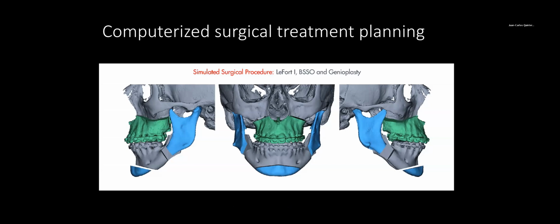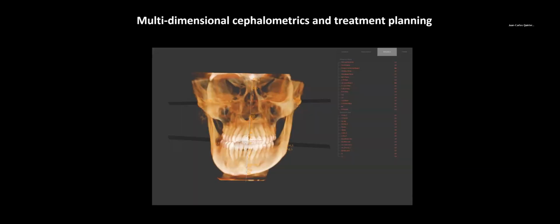So our surgeon takes our data from the cone beam that we provide and sends it to one of many companies to perform their virtual computerized treatment planning in advance of the surgery, from which they can then make surgical guides, surgical splints. Three-dimensional cephalometrics, much better than 2D data, right? So they average out a lot of those critical landmarks.